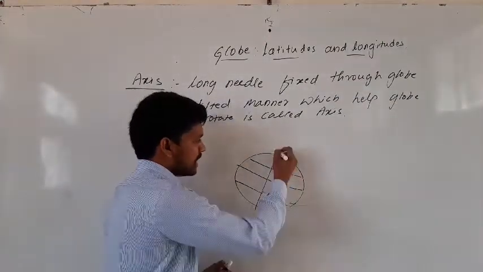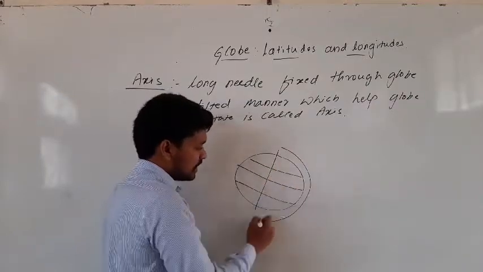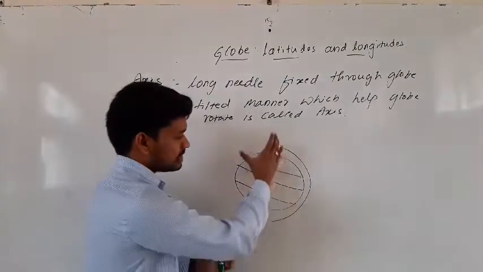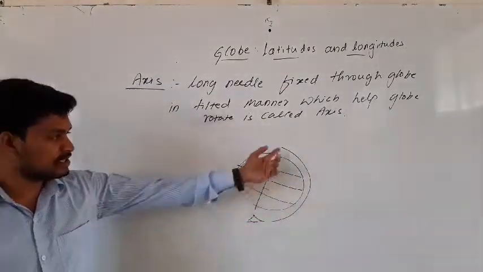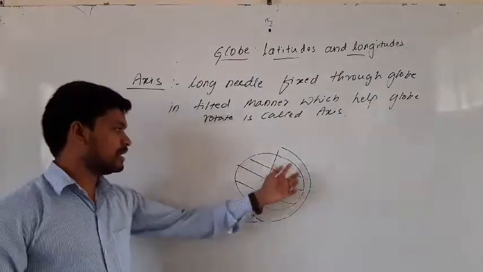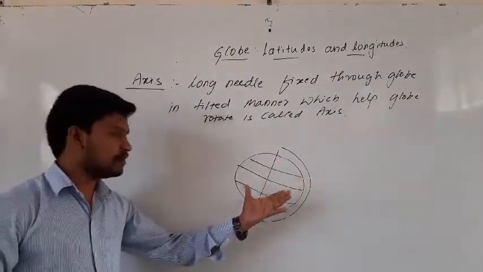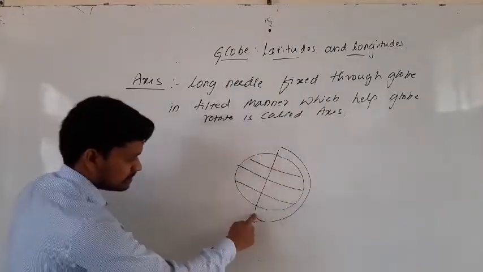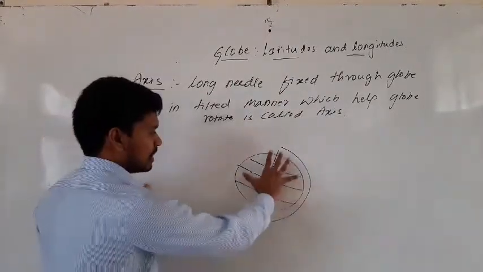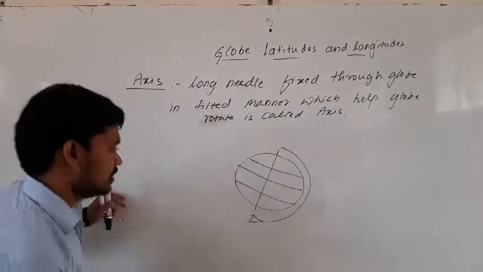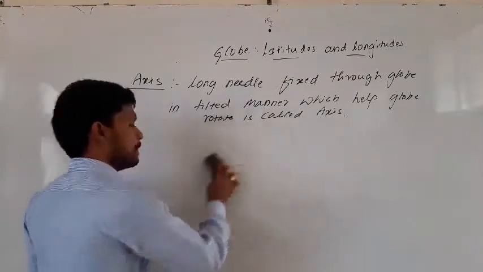With the help of this axis and calculations, we can determine that our Earth is tilted, not positioned straight. As latitude and longitude give us information about change in temperature and time, the axis gives us information that our Earth is tilted. Axis is an imaginary line.